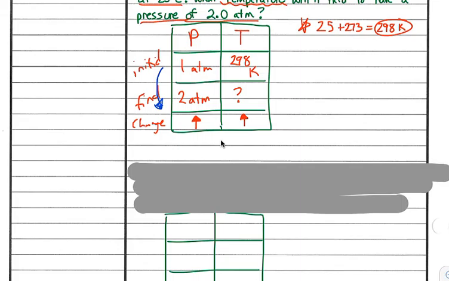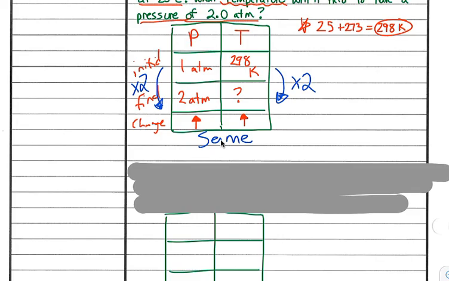To get from 1 to 2, I had to multiply by 2. And since these do the same thing, I'm going to multiply by 2 here. In pressure and volume, I would have done the opposite, so I would have divided, and in pressure and number, I would have done the same, so I would have multiplied also. So here I'm doing the same thing. It's going to go from 1 atm to 2 atm. That's twice the pressure, which means I'm going to have twice the temperature.